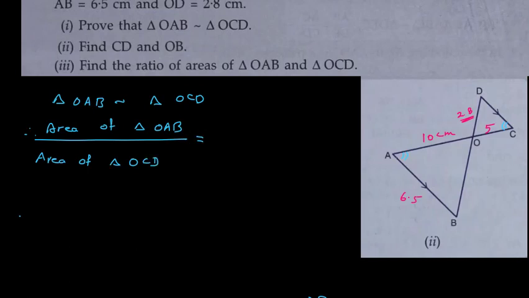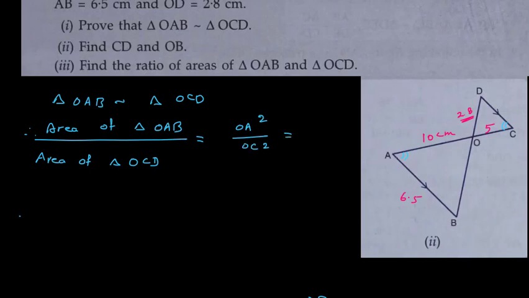this ratio will be equal to the square of the sides, AB square divided by CD square. Or rather OA square upon OC square, so here instead of AB I will write OA square upon OC square.